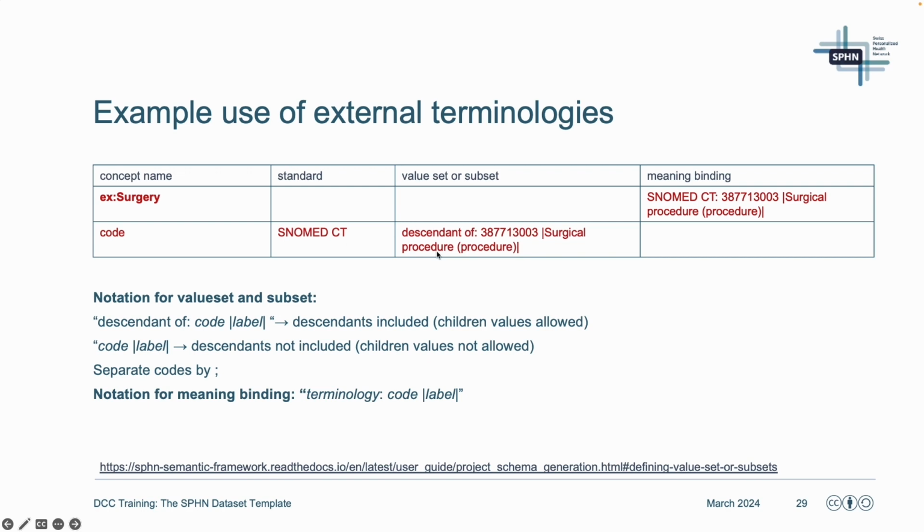So under surgical procedure, you have all the different kinds of surgical procedures. So we state specifically here that we enable any value descendant of the surgical procedure to be valid as codes for surgery. There are some notations that have to be followed when stating those values, for which you can find a list of scenarios described in the SPHN Read the Docs.